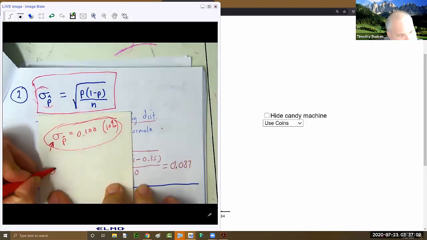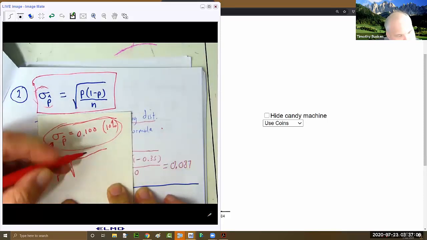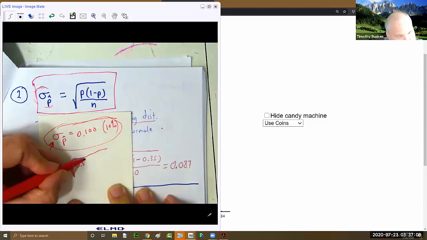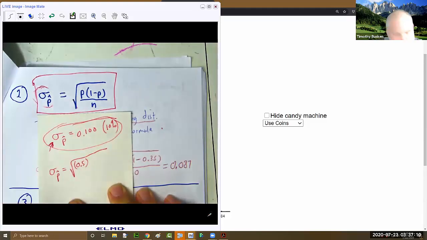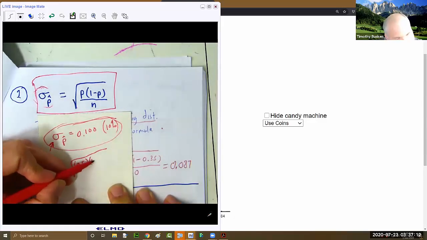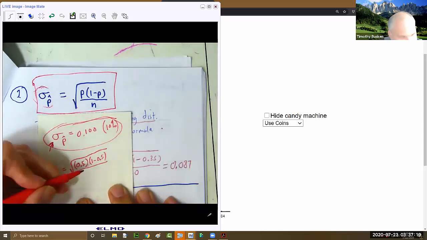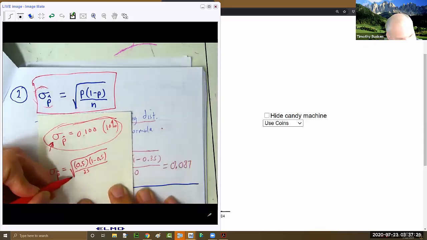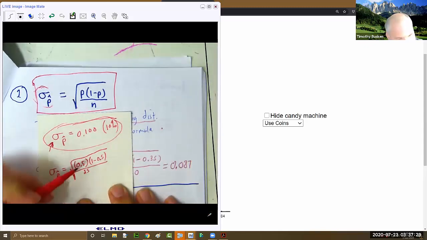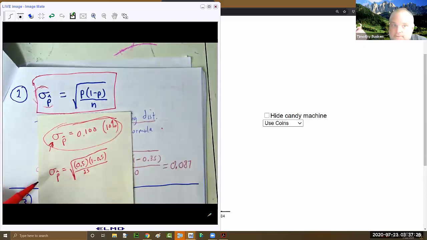That would tell us that sigma sub p hat is equal to the square root of p, the actual percentage of orange candies, which was 50%. Then 1 minus p is 1 minus 0.5, which also happens to be 0.5, and that's divided by 25. Now notice also that the 25 is under the square root.